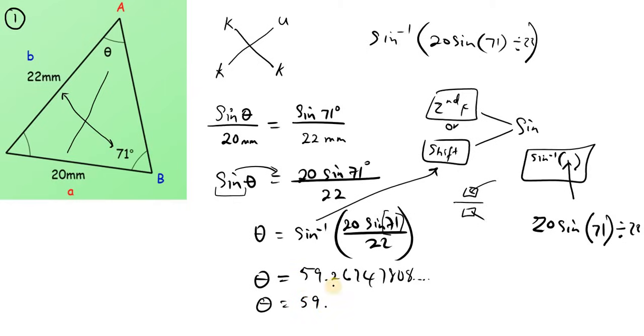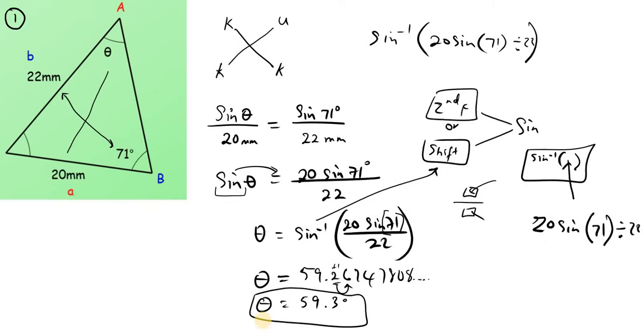That's my second significant figure. And for the third one, which is the last of the significant figures I want, I would have to check the next digit. This next digit is 6, which falls in the category of 5 or more, so I'll add a 1 to this 2, that would be 3. So it's 59.3 degrees. Remember, my angle should be in degrees. And that's that.